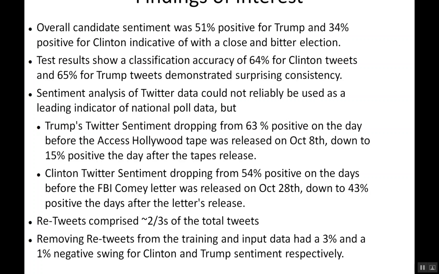The sentiment analysis couldn't predict the polls very reliably, but there were instances where we did see the polls take a turn, not because of the sentiment, but a turn represented in the sentiment change, and two of those would be the Access Hollywood tape as well as the Comey letter.